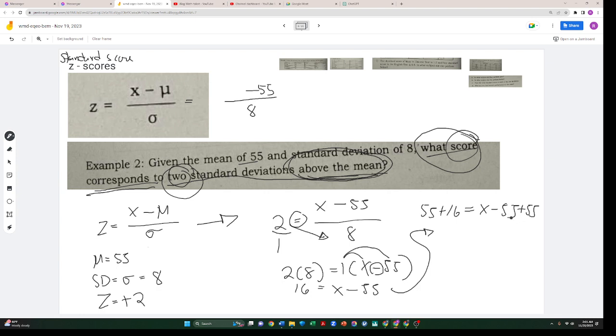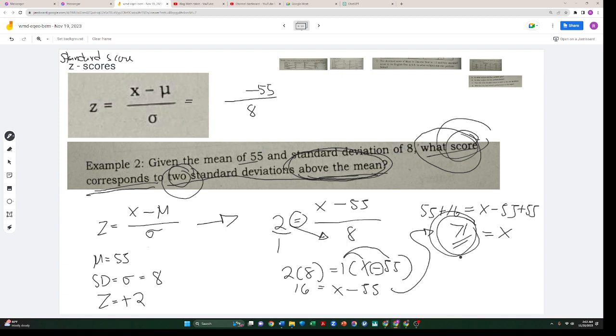So, negative 55 plus positive 55 cancels, leaving only x. So, 55 plus 16 is 71. Therefore, the score that corresponds to two standard deviations above the mean is 71.